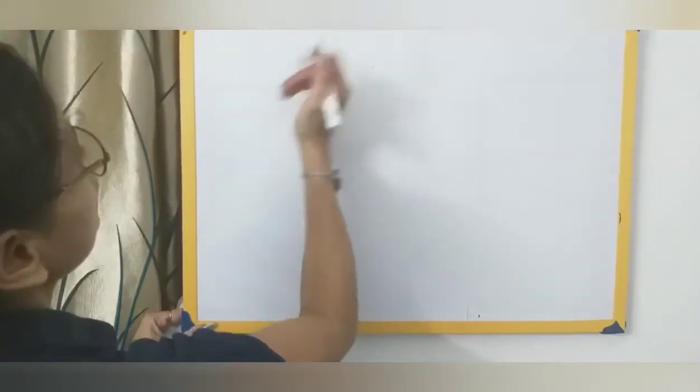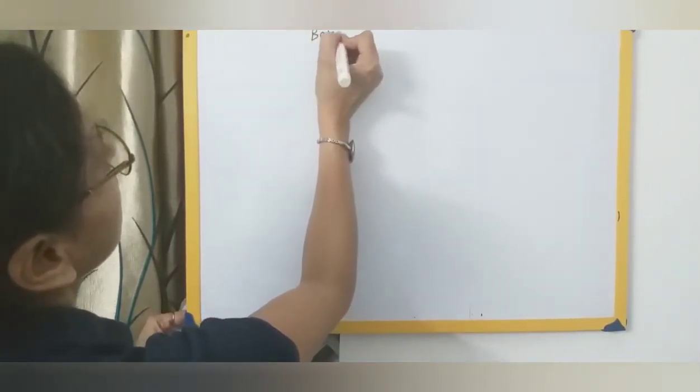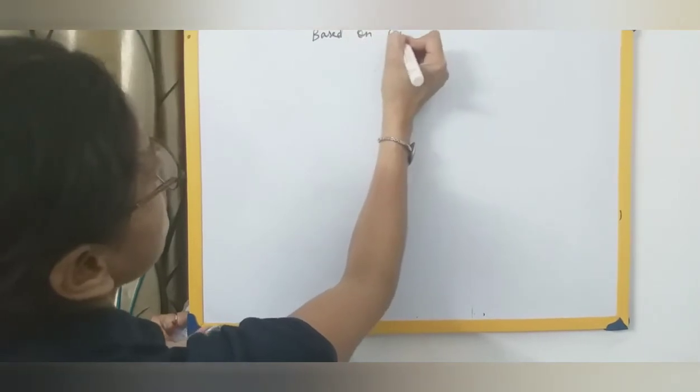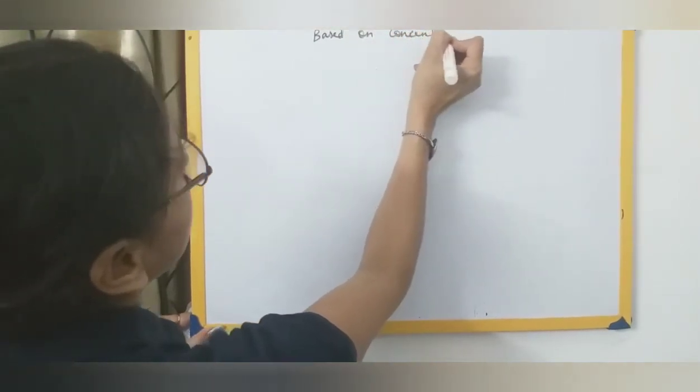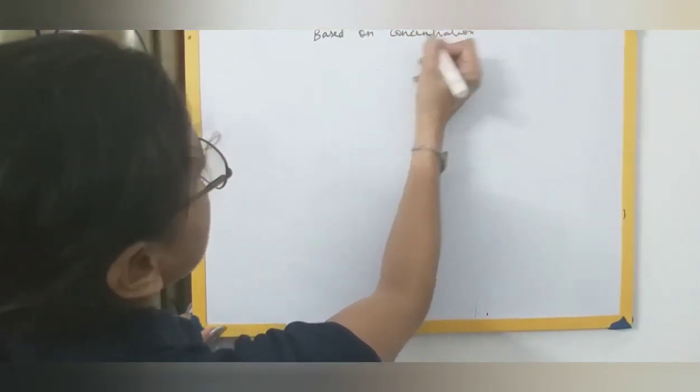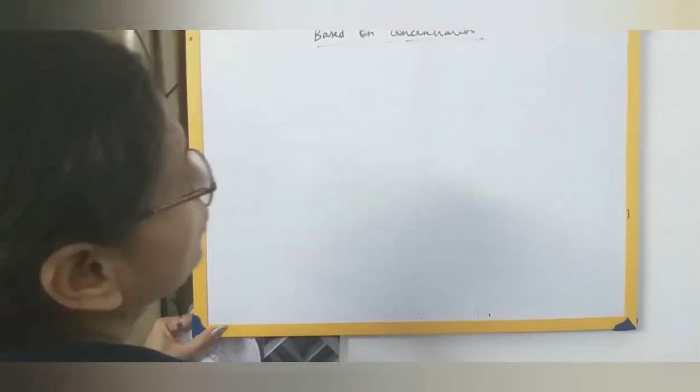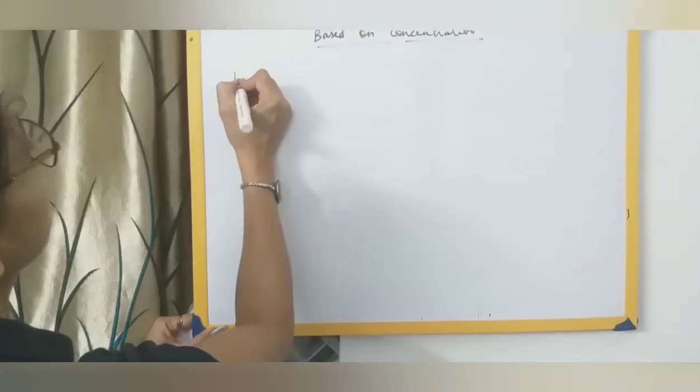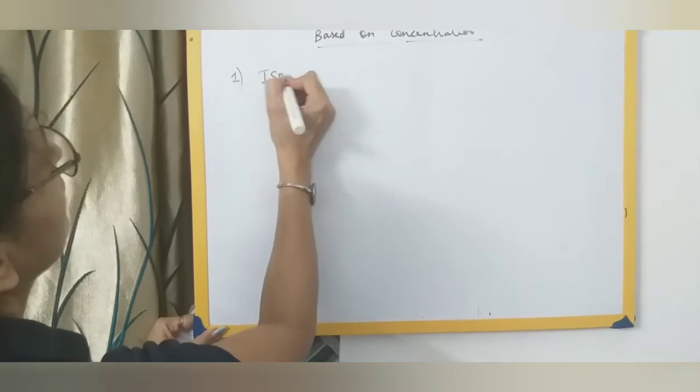So these are based on what? Based on concentration. The solutions are of three types. So first we are having the isotonic solution.